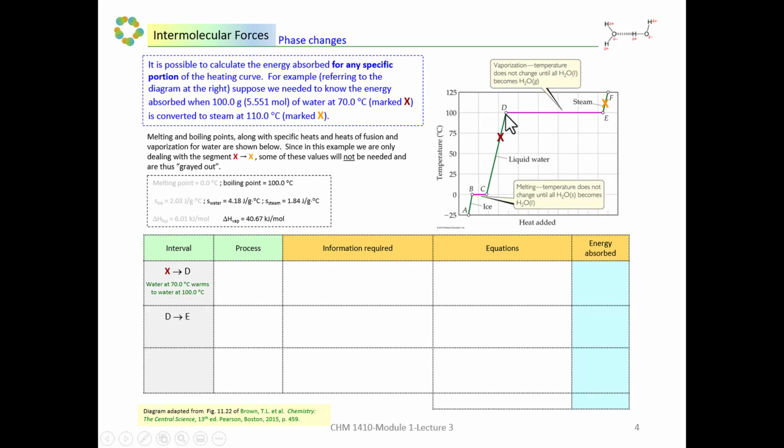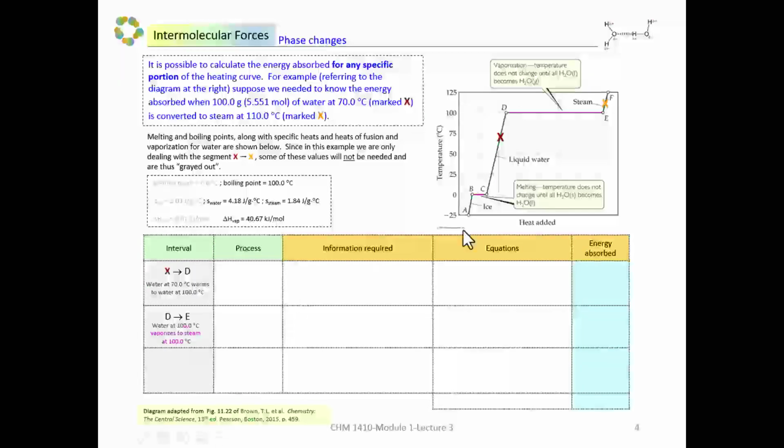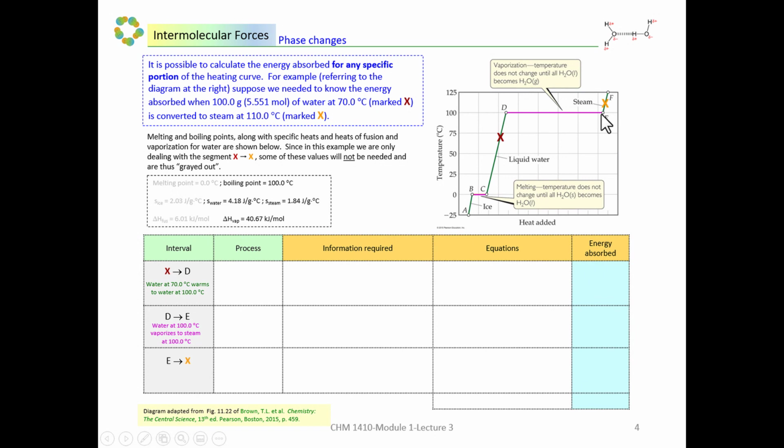The next interval, D to E, would be the vaporization of that water. So it would be water at 100 vaporizing to steam at 100. And then in the final segment, E to this orange X, we just need to calculate the energy needed to heat the steam from 100 to 110.